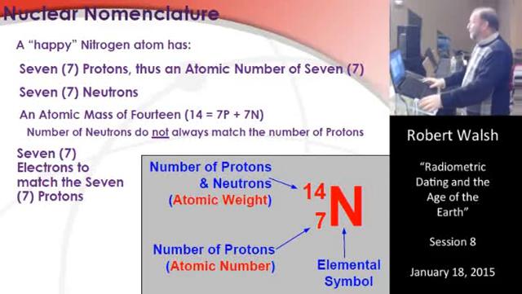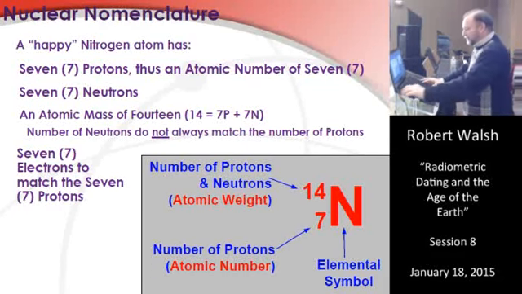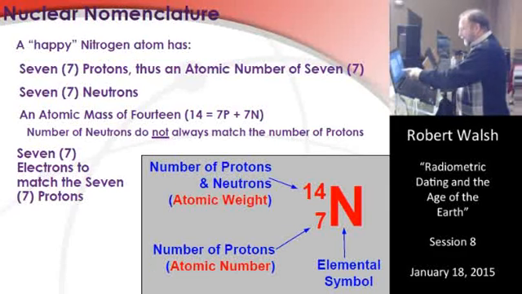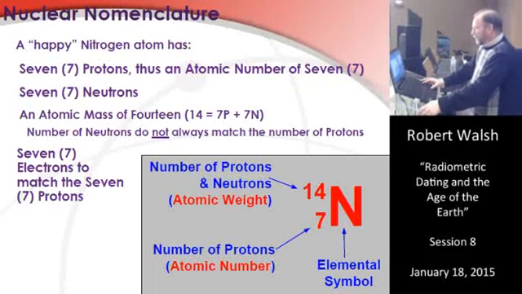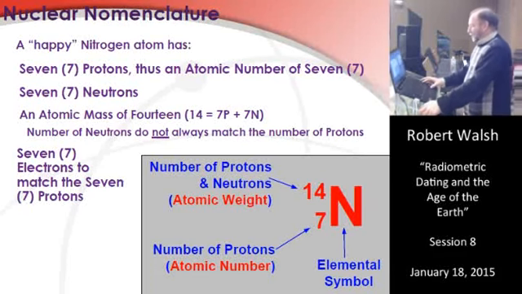You'll end up very often having more neutrons than you do protons for various reasons beyond what we want to discuss here. So the entire symbol is made up of the symbol N for nitrogen, the atomic number, which is at the bottom left of the letter, and the atomic weight, which is to the upper left.